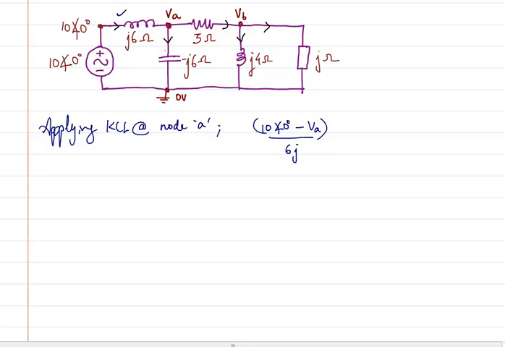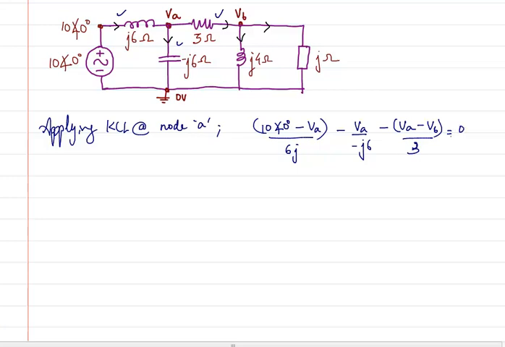Then the next is going out, so it is minus of VA minus 0 divided by minus J6. Then the next is outgoing current again, so it is minus of higher potential VA minus lower potential VB divided by 3 ohms, and that is equal to 0.